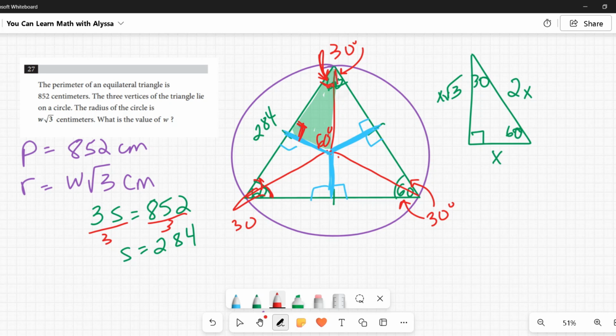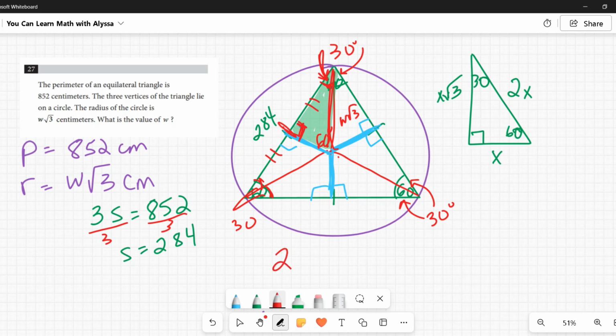Well, I know the radii are all w square root of 3. Oh, forgive me, w square root of 3. And do I know the length of either of these 2 sides? Yes, I do. I know the length of this side because I know this whole thing is 284 and I just cut it in half into 2 equal bits.